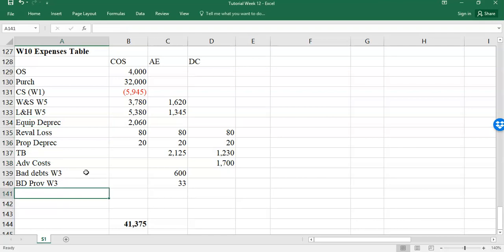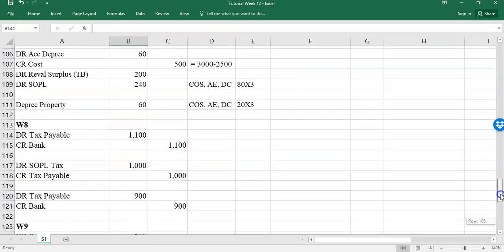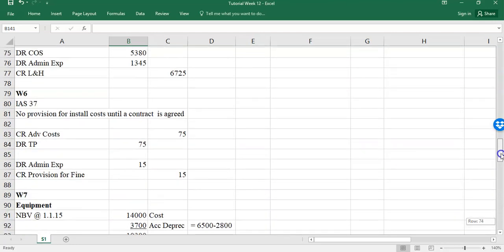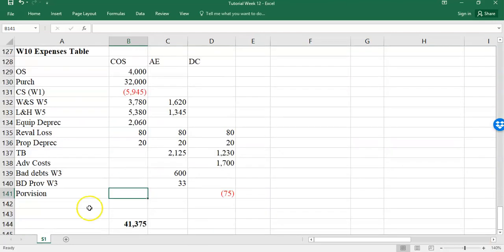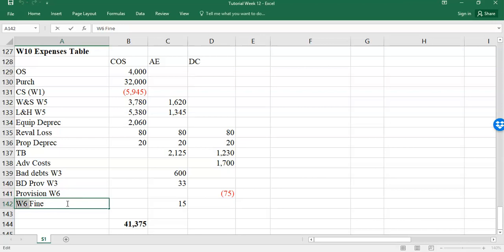So here we have the provision adjustment, which is minus 75, and that is coming from working 6, and then working 6 to fine, which is 15 into admin expenses. Just put there working 6 as well. So you're just trying to capture everything as you go along.